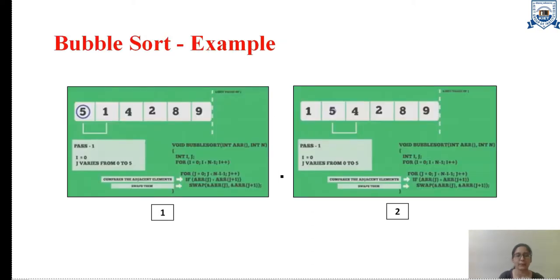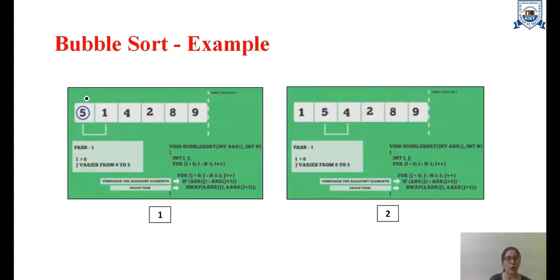Let us see the example for the same, an array comprising certain integer elements. It is divided into two categories. First is the unsorted list, which is the complete array, and then comes the sorted list, which is initially empty. Since we are scanning the array from left to right, the first element is picked up and compared to the element adjacent to it.